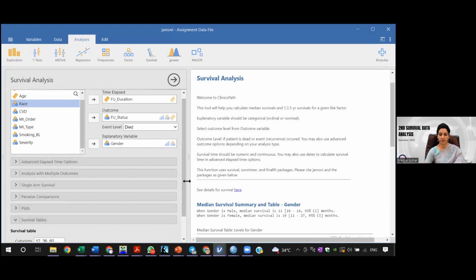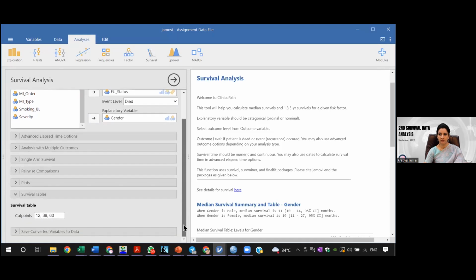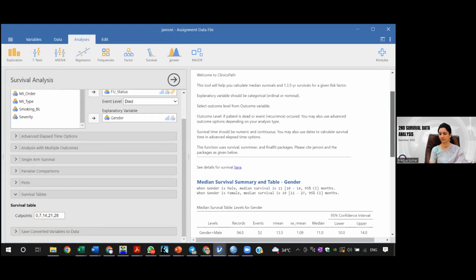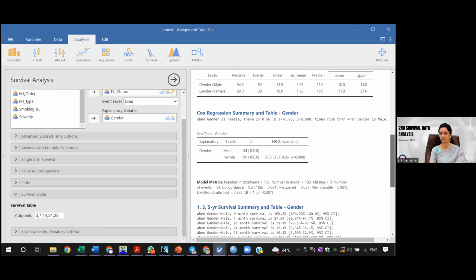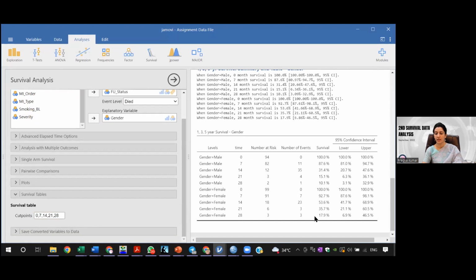So if I do the survival table, it is 0, 7, 14, 21, 28. And this was the case.